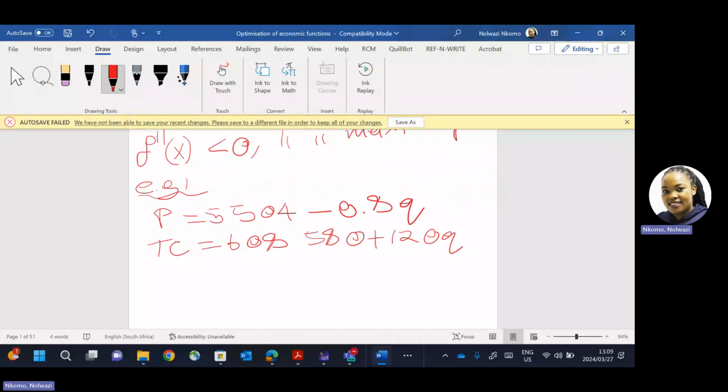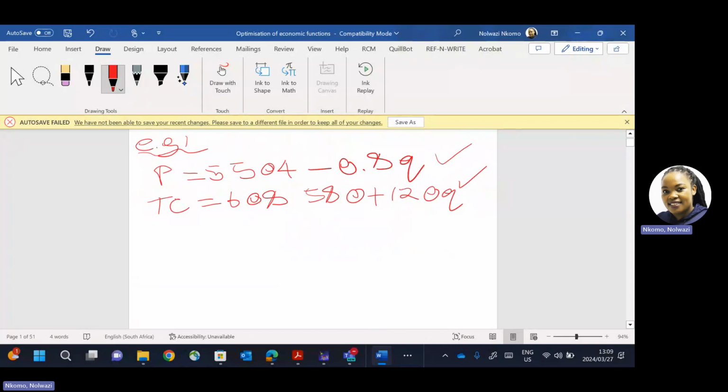Let me repeat this. You are given a demand function and also a total cost function, and you are asked to determine the price and quantity for which the profit is maximized using differentiation as well as the marginal revenue and marginal cost.